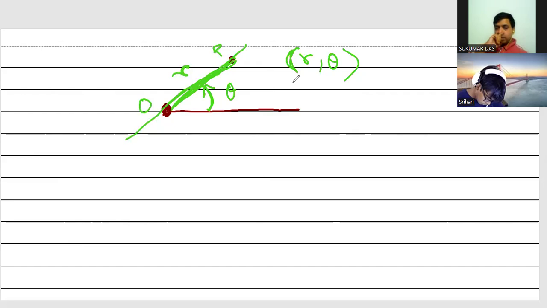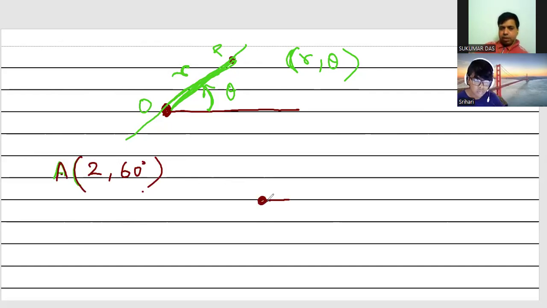Now, for example, if we want to locate one position as (2, 60 degrees), it means we will first show the pole. This is the reference axis.